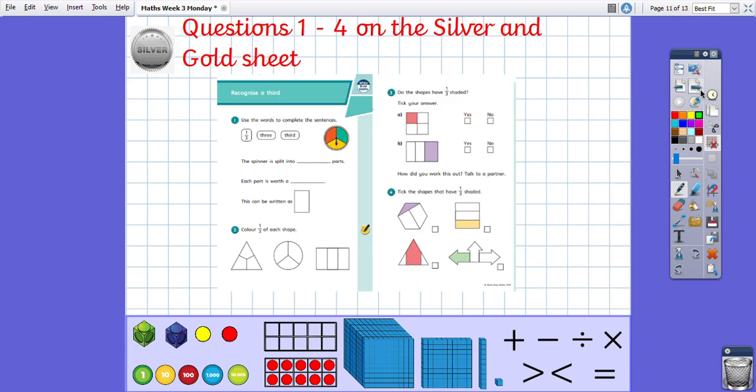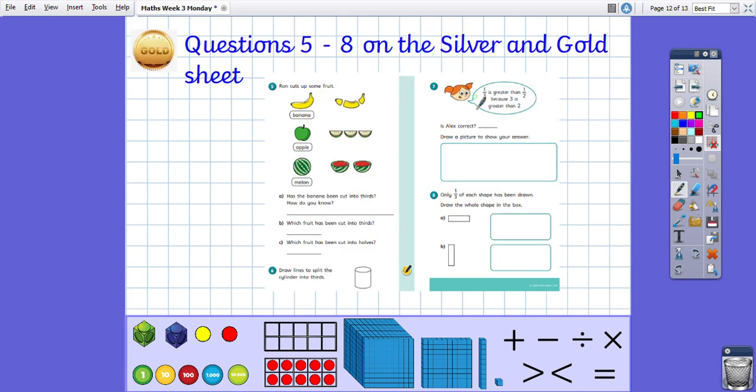Okay, silver, you are doing questions 1 to 4. You've got to fill in the gaps with the sentences and the words are there for you. You've got to colour a third of each of the shapes. You've got to decide whether these shapes show a third and tick the box. And I want you to tell me how you worked it out. And then I want you to tick the shapes that have 1/3 shaded.